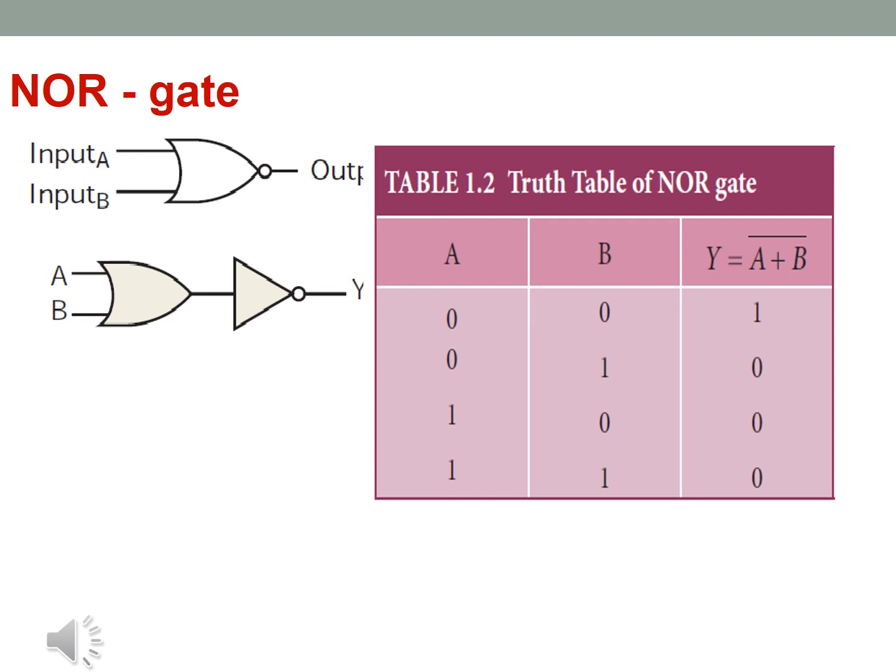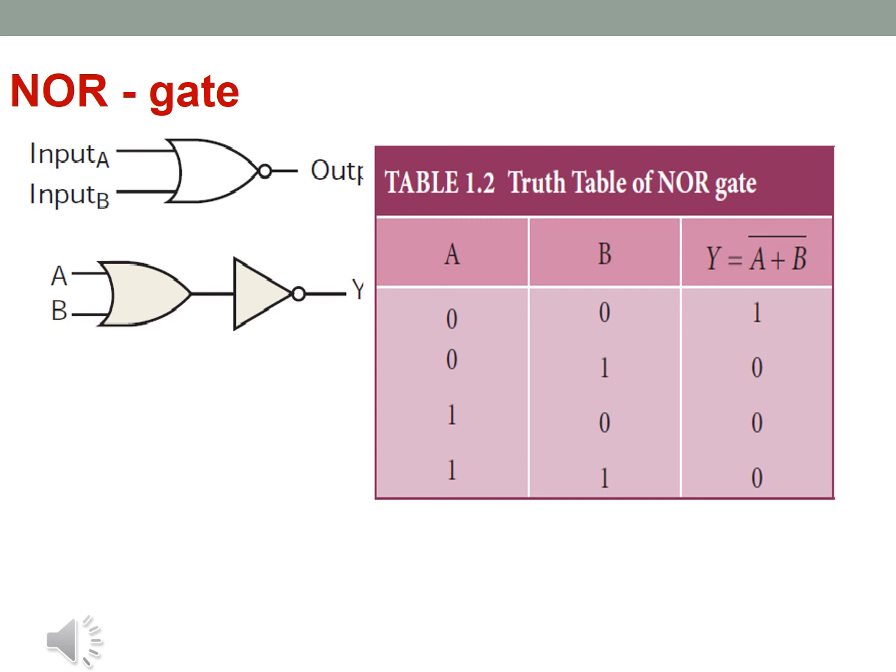See the truth table. A and B are the inputs and Y equal to A plus B the whole bar is the output. 0 0, 0 1, 1 0, 1 1.